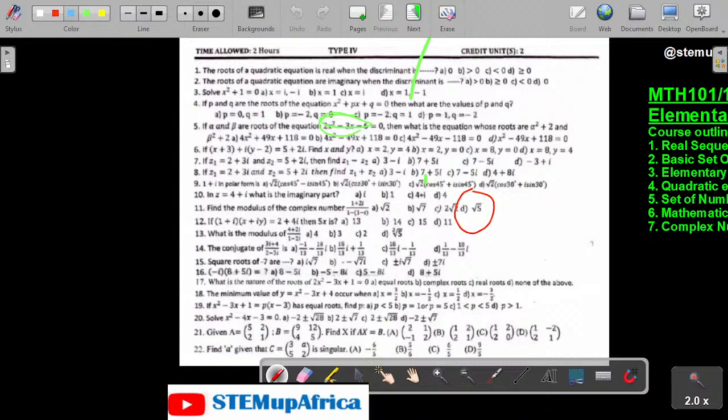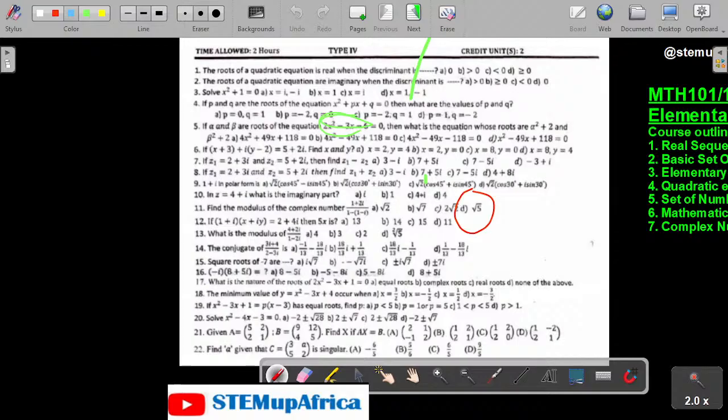I know the discriminant value states that d equals b squared minus 4ac.